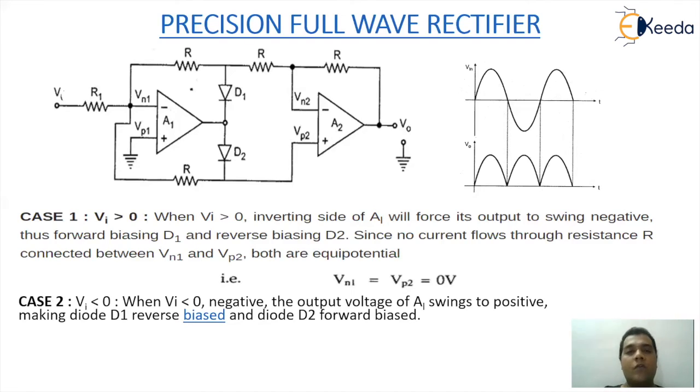Since no current flows through the resistance R connected between Vn1 and Vp2, both the points are equipotential. So that's the reason Vn1 and Vp2 will be at zero potential. But we will be able to retain the positive cycle at the output point defined by VO.